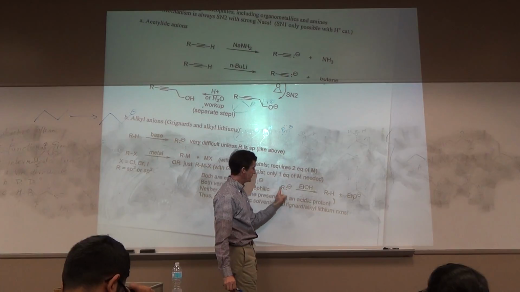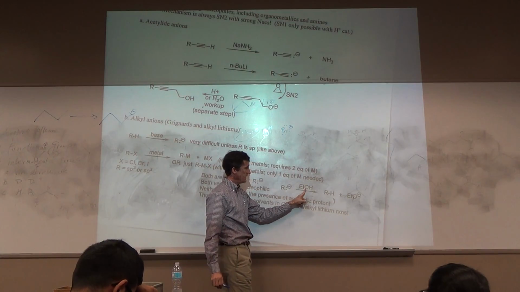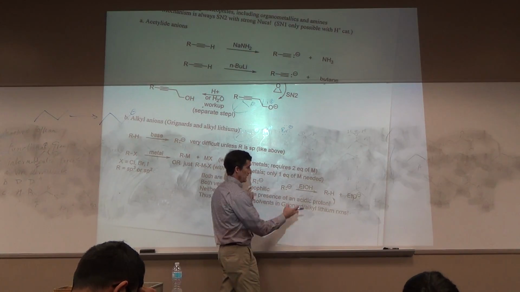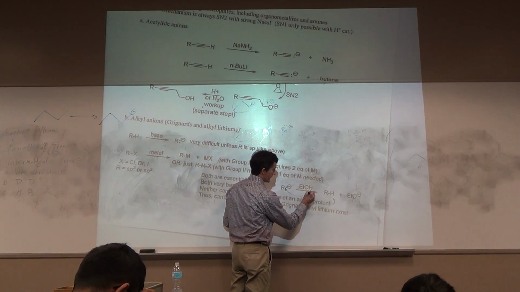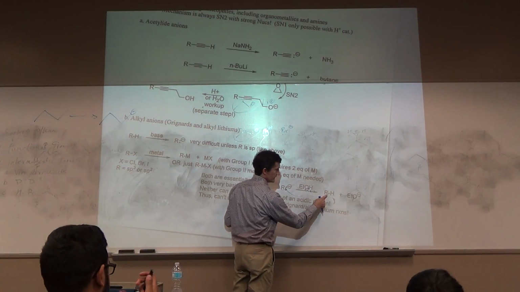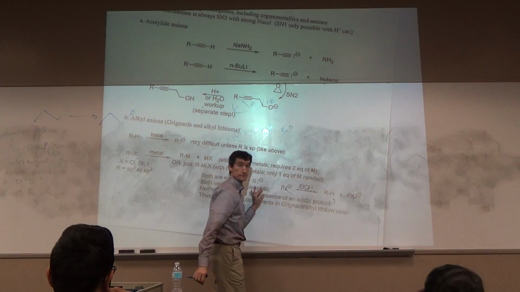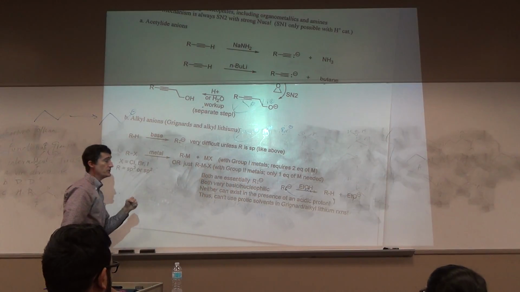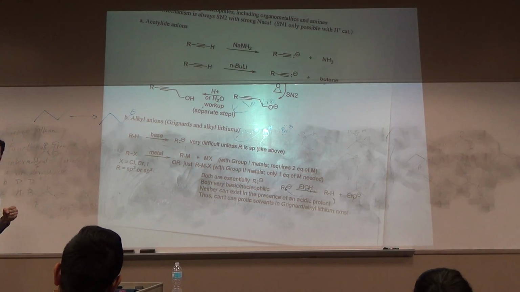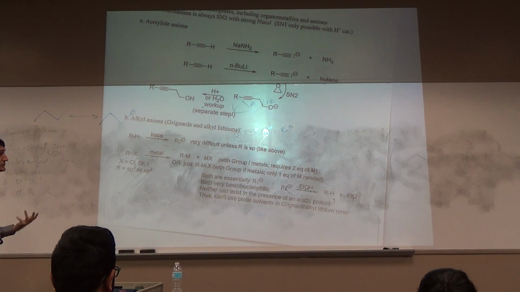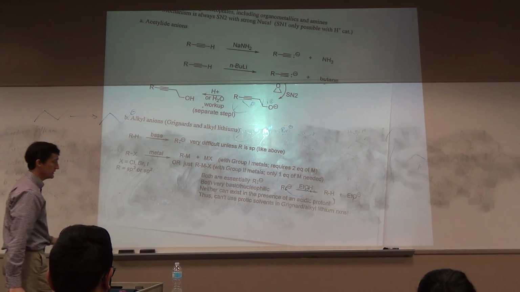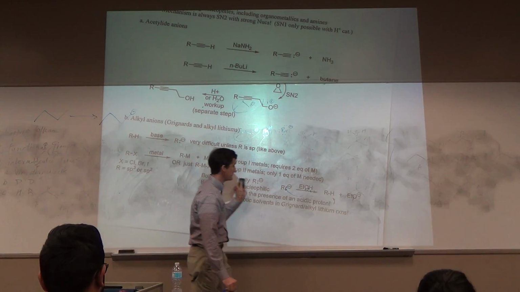For example, if you take a Grignard reagent, have it in the presence of ethanol, it'll just take the H. Leave it behind, it'll take the H and you'll just produce this. You cannot use these in protic solvents. You have to use a solvent such as THF or ether, like a hydrocarbon solvent or ether solvent. No protic solvents.